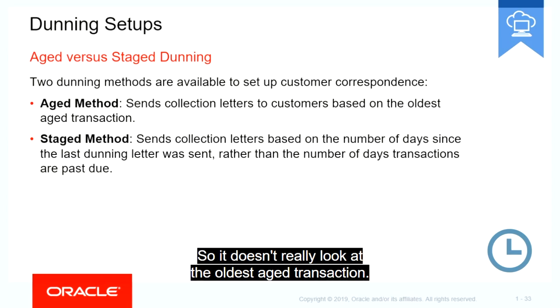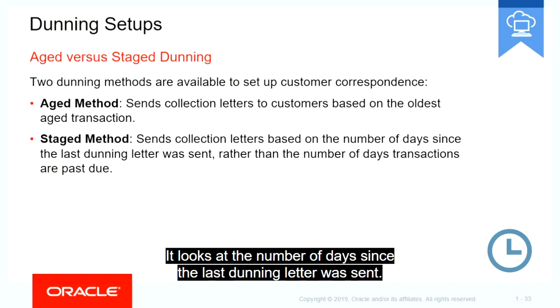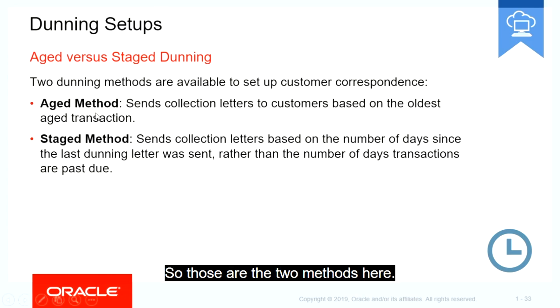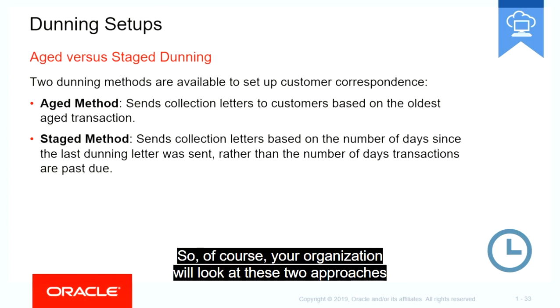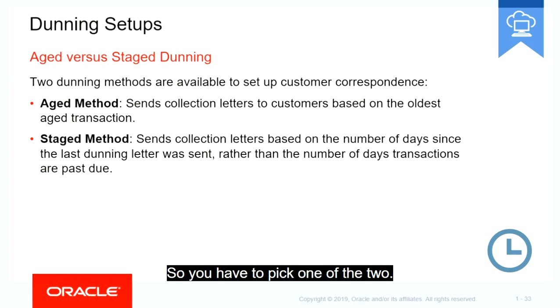So it doesn't really look at the oldest aged transaction. It looks at the number of days since the last dunning letter was sent. So those are the two methods here. Your organization will look at these two approaches and decide which one meets the business requirement. So you have to pick one of the two.